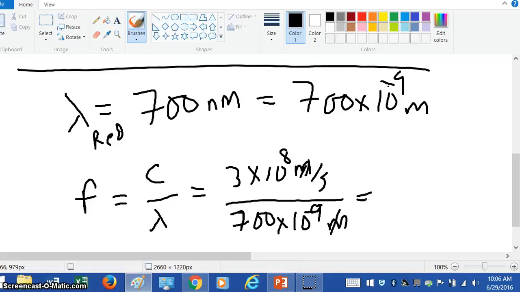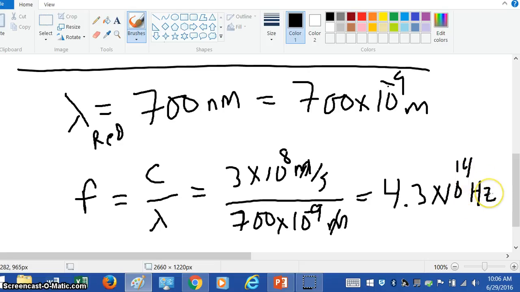So let me quickly do this on my calculator. Divided by 700, shift EE to the minus 9th. The frequency that I get is about 4.28, so I'm going to round it to 4.3, times 10 to the 14th hertz.